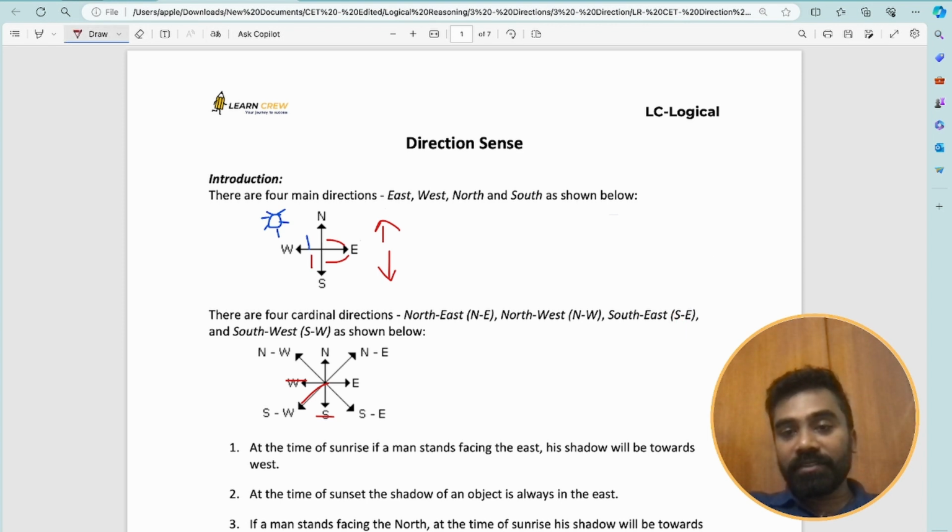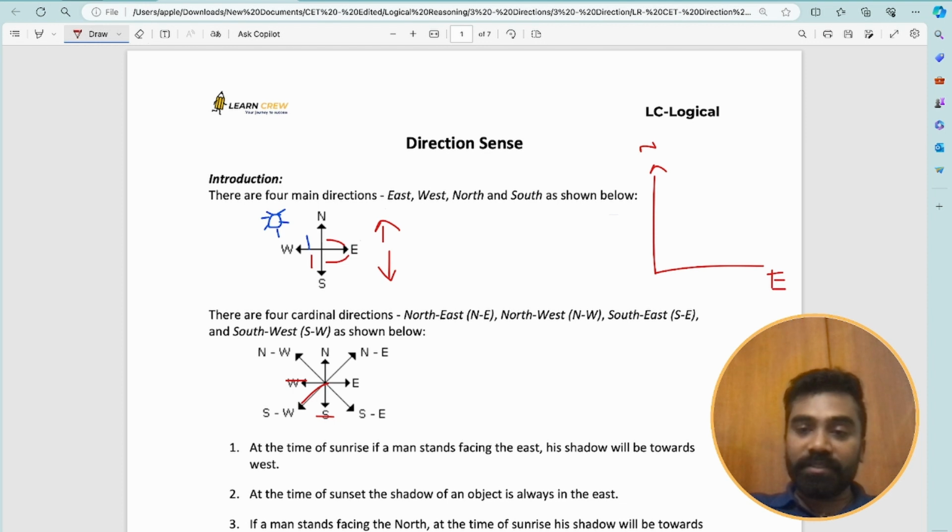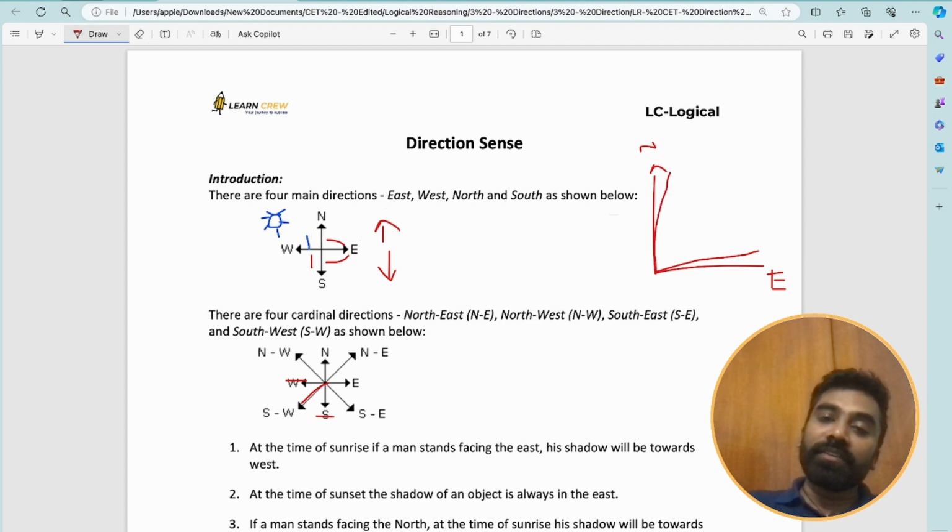Imagine that this is the quadrant. This is north, this is east. If a person is somewhere over here, the direction he is facing is going to be northeast. Even if he is very close to this line, slightly away, still it is called the northeast.